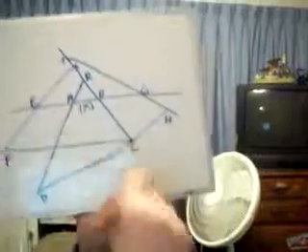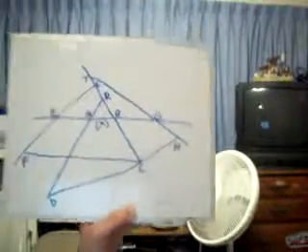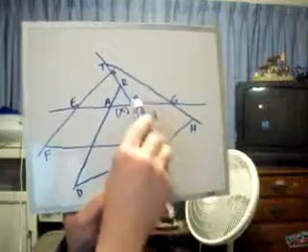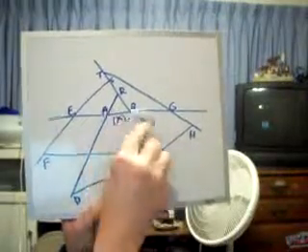So now we have the length of AB as x. And then he's going to label the length of BC as y. Okay, so now we have the length of BC as y, the length of AB as x.